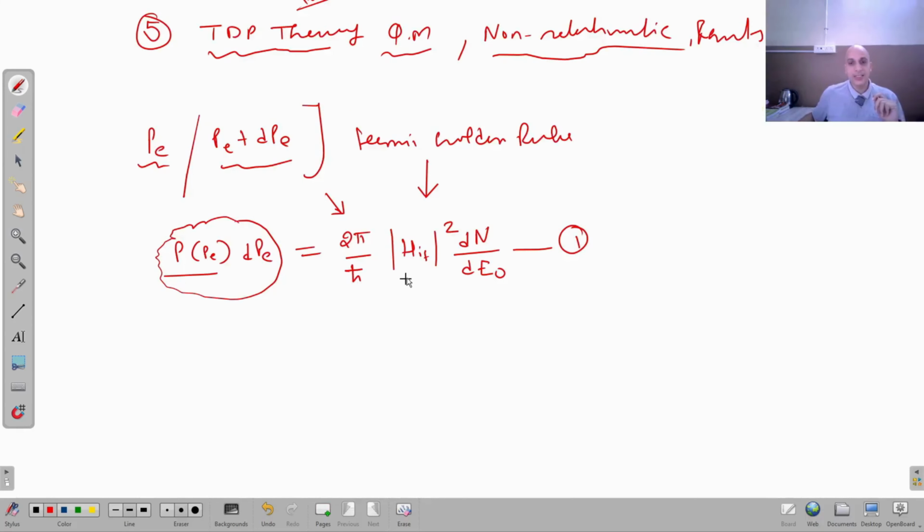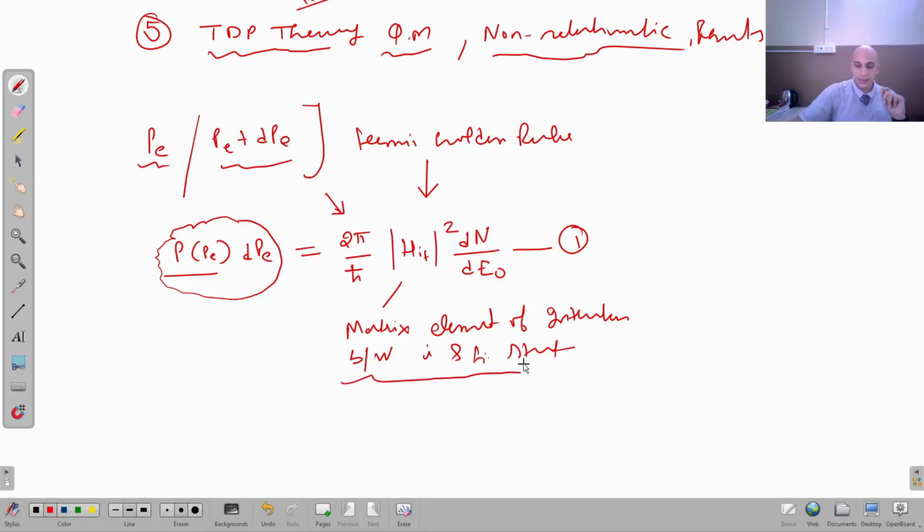In this equation, H_if is the matrix element of interaction between the initial and final state, right? And what is dn upon dE naught?